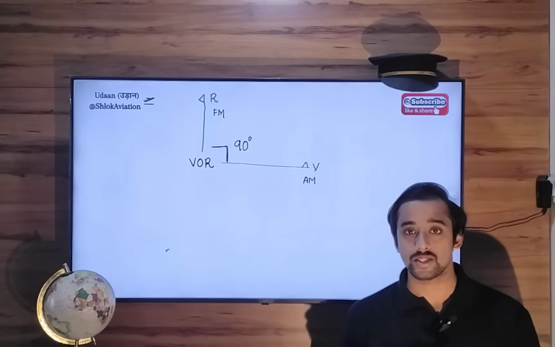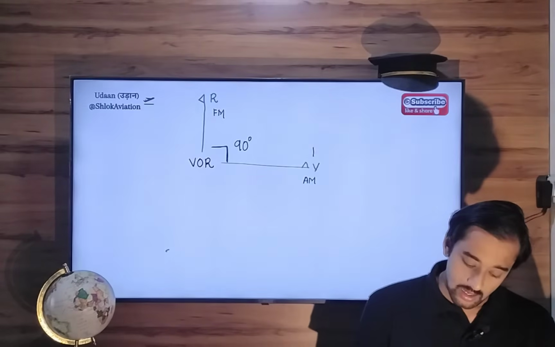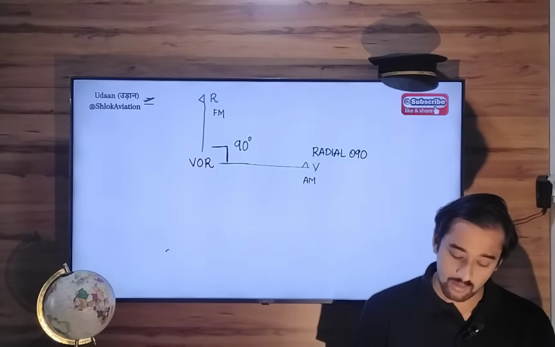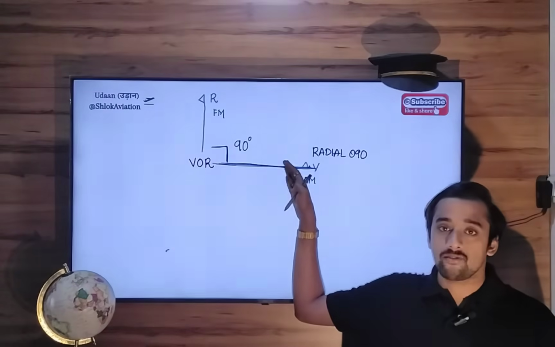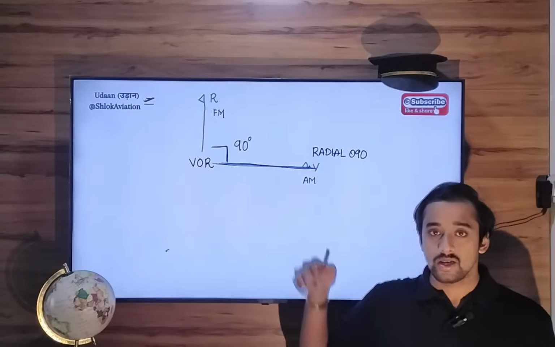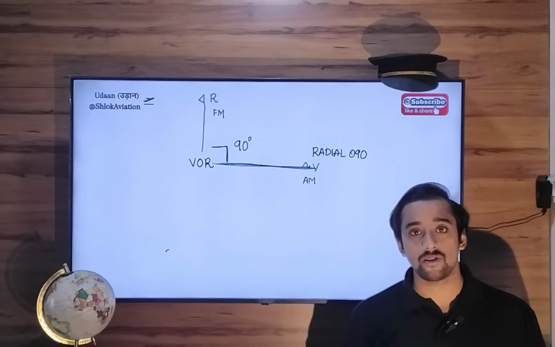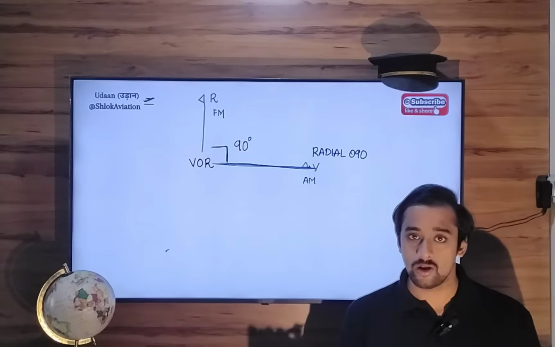And that 90 degrees becomes a radial 090. So when the phase difference is 090 and the variable signal is somewhere over here, in that direction we will have a radial 090. So this way, the aircraft receiver measures the phase difference between the reference wave and variable wave, which is nothing but the radial of the aircraft.